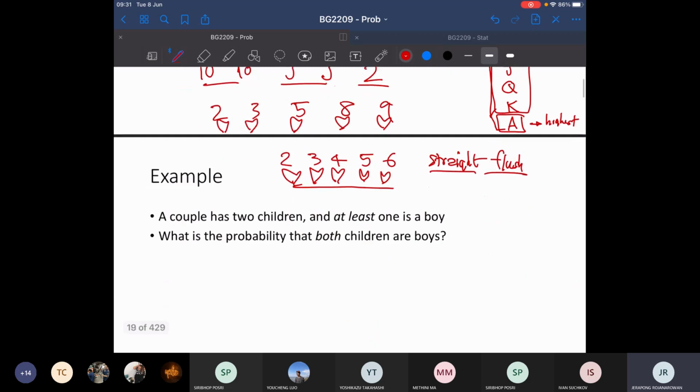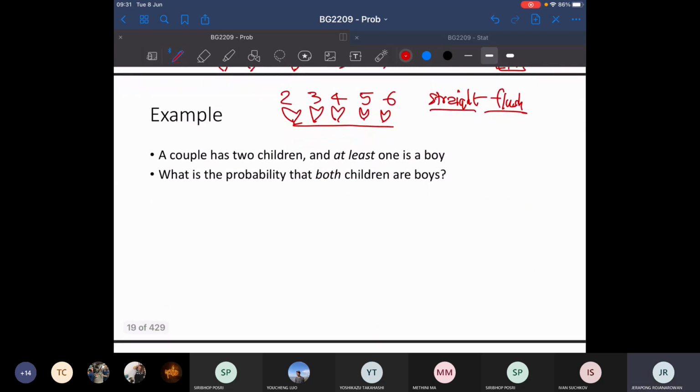We're going to come back to poker later. In this case, a couple has two children and at least one is a boy. What is the probability that both will be boys? So how are we going to do this one? Normally, if you have two children it could be four cases, right: boy boy, boy girl, girl boy, and girl girl.